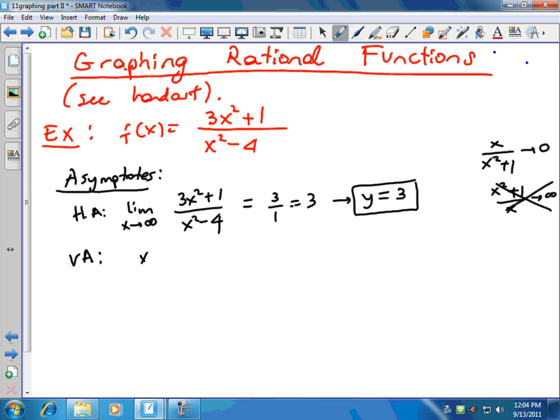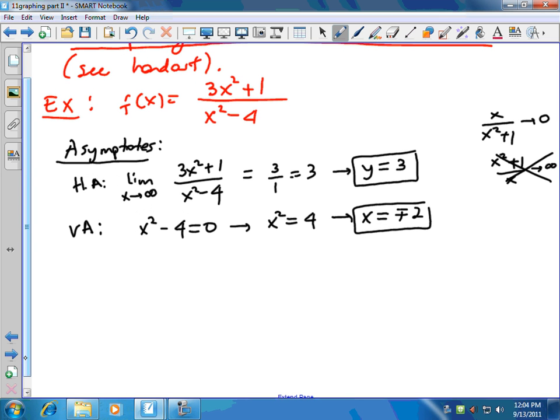Set the bottom equal to 0. So x squared is 4, x equals plus or minus 2. Two vertical asymptotes. So already we have an idea about what this graph is going to look like. The vertical asymptotes at plus or minus 2. Horizontal asymptote at 3.